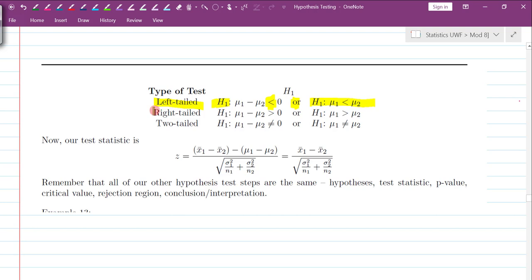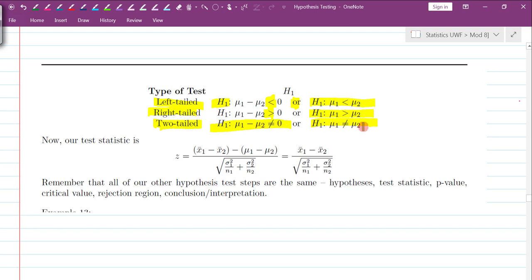I could have a right tail test, which is that mu1 minus mu2 is greater than 0, again pointing to the right, meaning it's a right tail test. Or if I added mu2 to this side, it becomes that mu1 is indeed greater than mu2. And then I have my two-tailed test, which simply says they're not equal, written as mu1 minus mu2 does not equal 0, or that mu1 does not equal mu2.